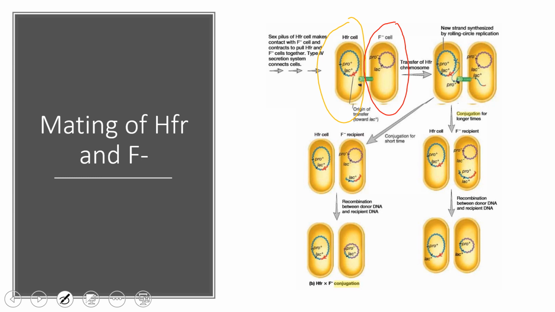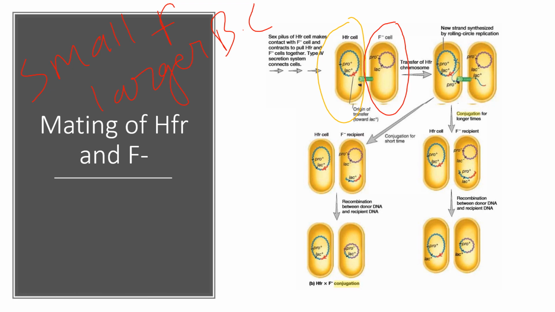So in the earlier step, in the F plus and F minus mating, only the F plasmid is transmitted, but in the mating of Hfr and F minus, a small amount of the F plasmid will be transmitted along with the larger bacterial chromosome.